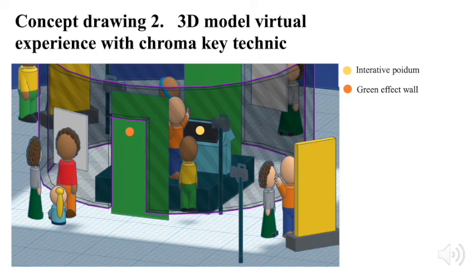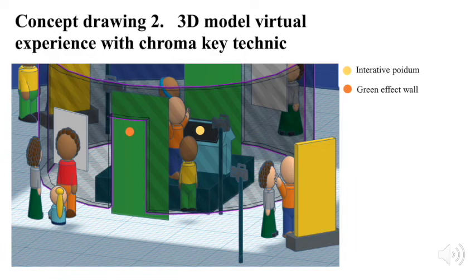Inside of this chroma key room, you can see there is an interactive podium, which the visitors can use to control the contents that they want to view. This idea is contributed by group member Hannah.